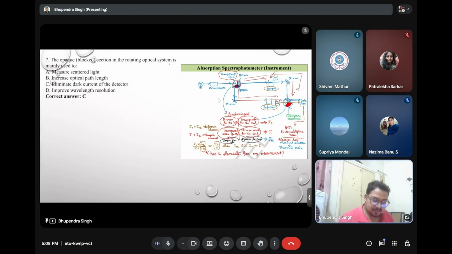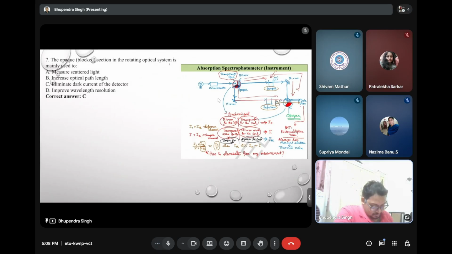So to eliminate this dark count. Why dark? Because at that point, the light is not passing, that is why you are still getting that count. That is why it is dark count. So to eliminate that, we use the opaque section of the rotating optical system in this absorption spectrophotometer.